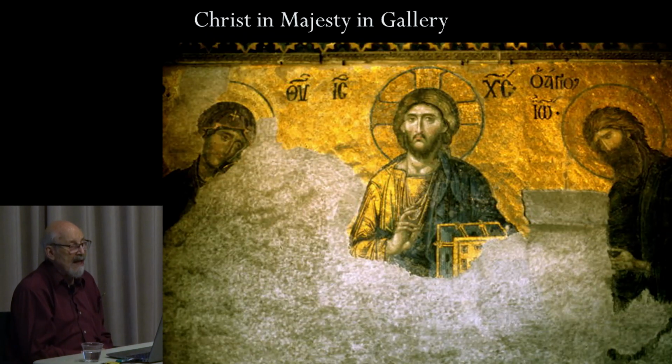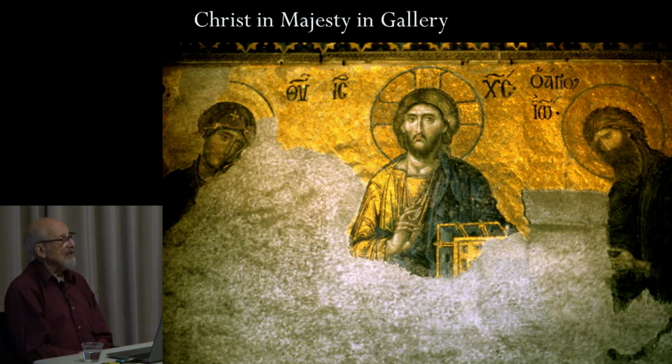In the gallery, there are still a few marvelous mosaics representing Christian themes. When I went there first, Hagia Sophia was a museum and it was open to the public and no one could object to these.